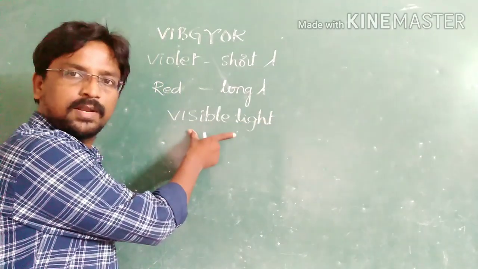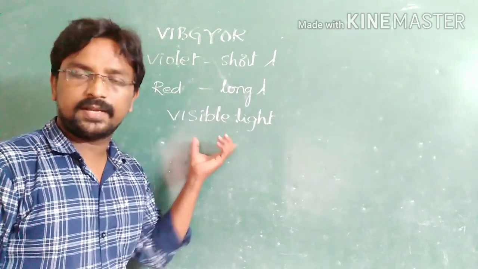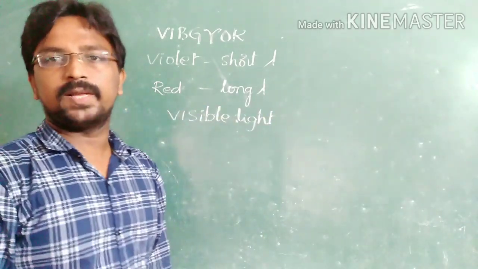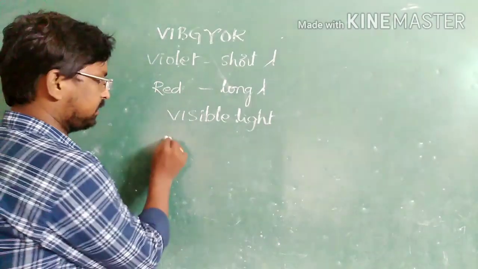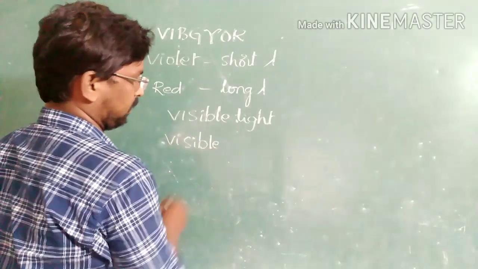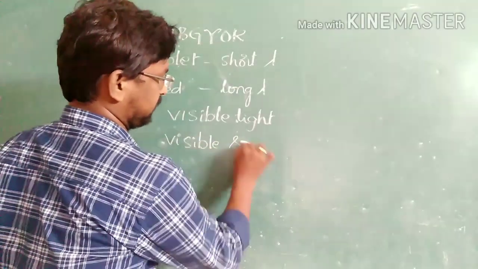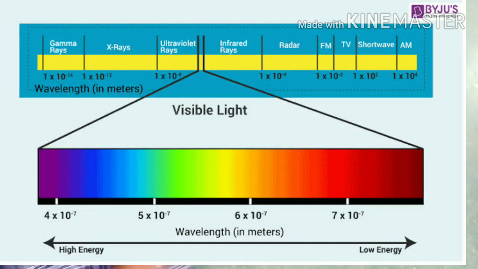In this visible light, the entire range of wavelengths which are visible to us is said to be the visible spectrum.